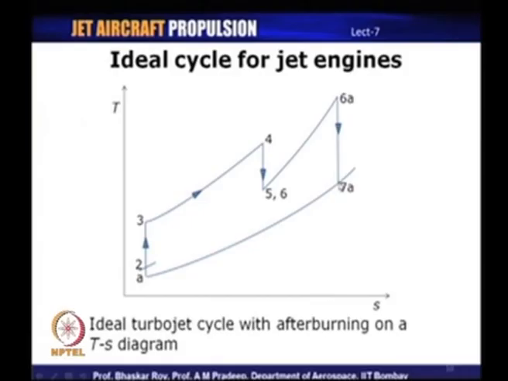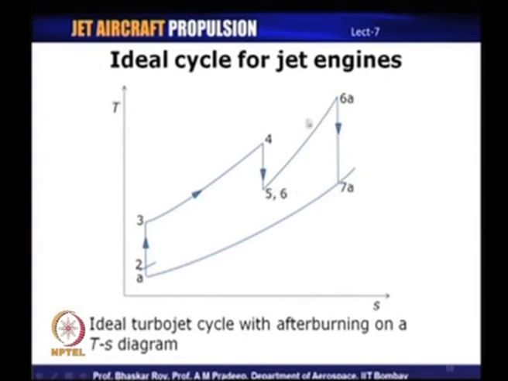6a to 7a is expansion in the nozzle. Here you can see that because the temperature at the turbine exit is now being raised to a much higher level, there is an additional amount of energy or enthalpy drop available for expansion through the nozzle, and this is what results in the additional thrust which one can achieve during the afterburning process.